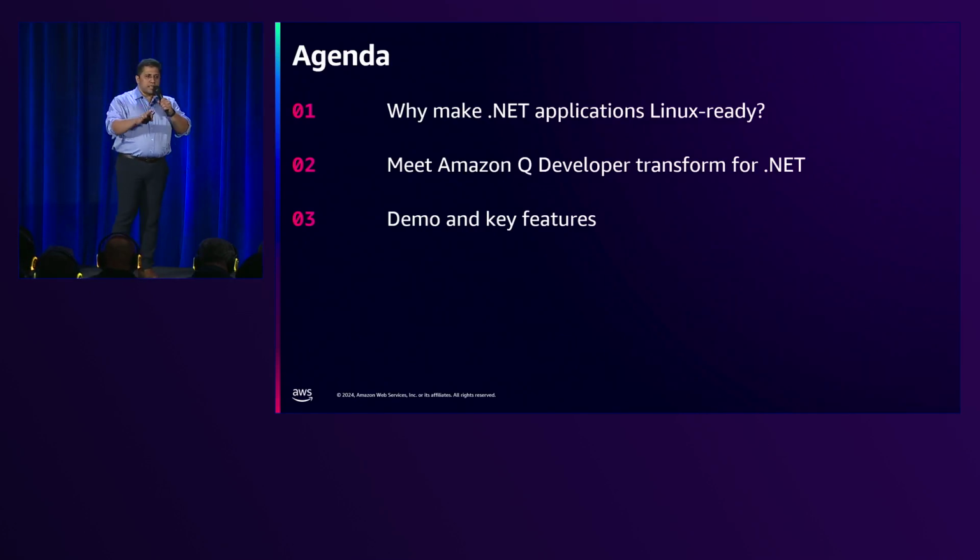We're going to talk about the journey of moving from .NET Framework to cross-platform .NET, how customers think of that, what the challenges are there, and then we will talk about the capabilities of Amazon Q Developer, particularly the transformation capabilities for .NET that can help meet the business objectives that you have in terms of porting .NET code and making them Linux ready to run on Linux instances, containers, or serverless.